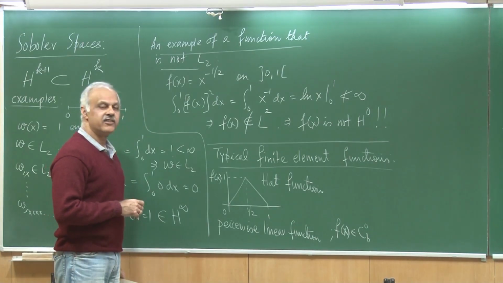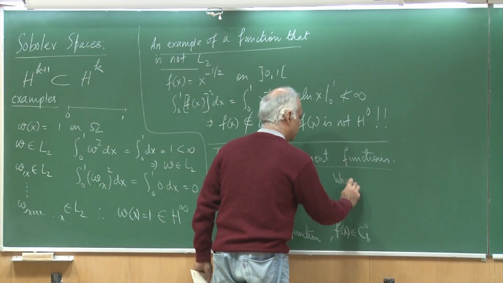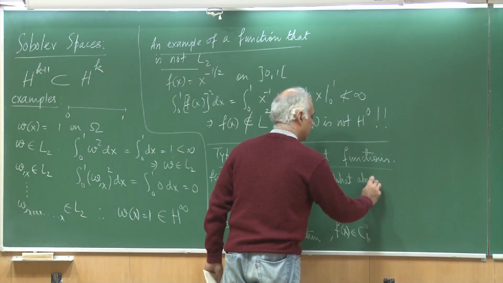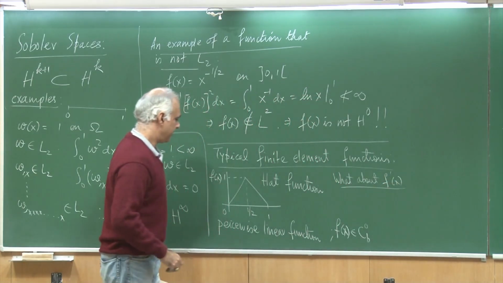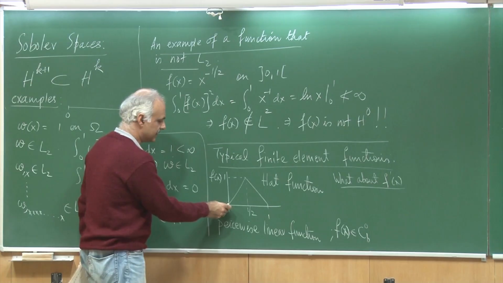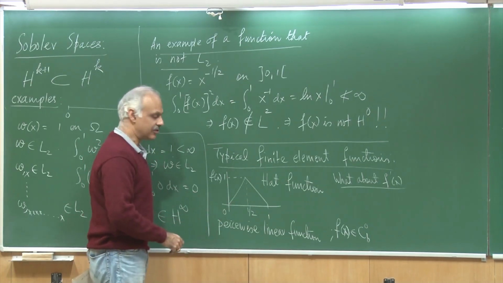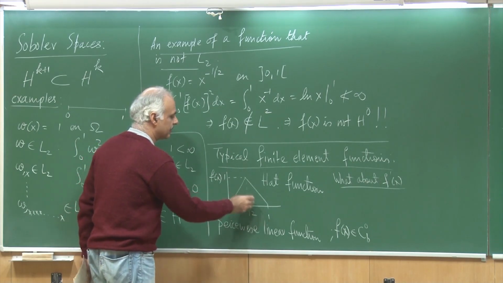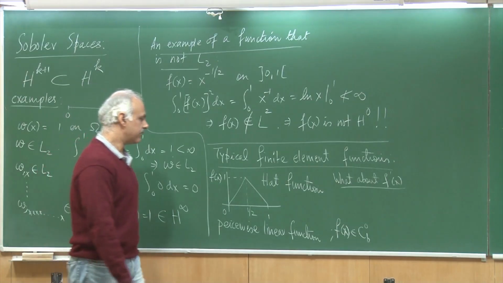Next I want to look at f prime x. Now you notice that this part of the function has a positive slope, this part has a negative slope, and there is a discontinuity at x equal to half.